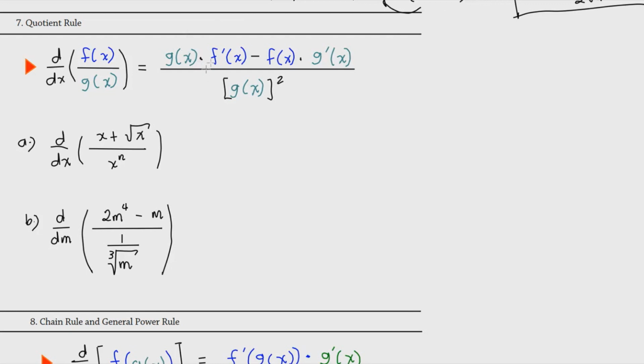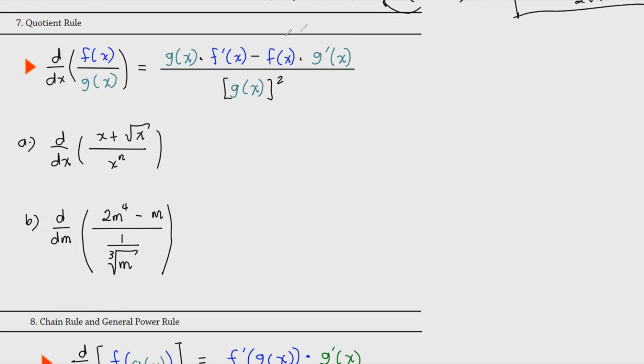You just have to remember that whenever you have a rational function, f of x over g of x, you just copy the denominator and multiply it with the derivative of the numerator, subtract the numerator multiplied with the derivative of the denominator, and then divide all by the square of the denominator. Now let's try using that on our first example here.